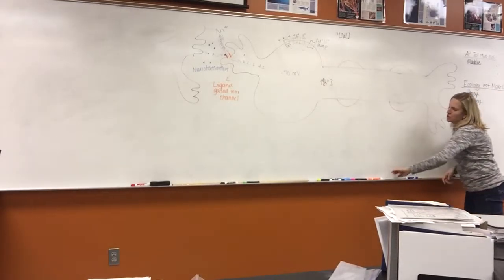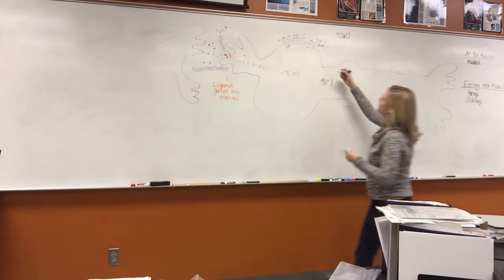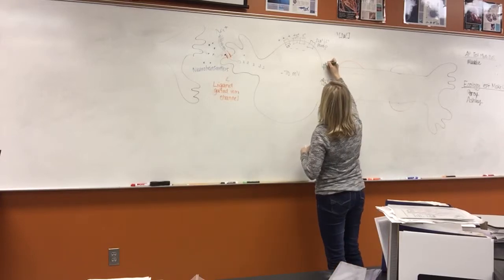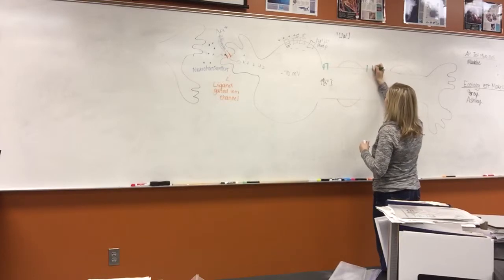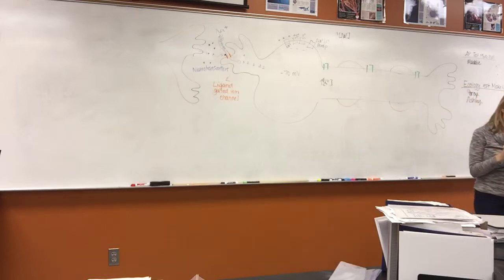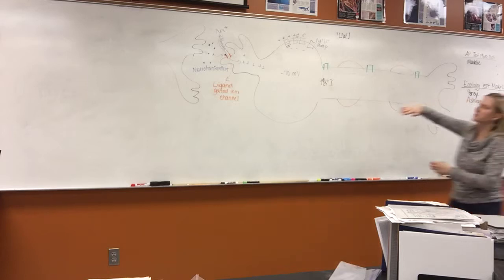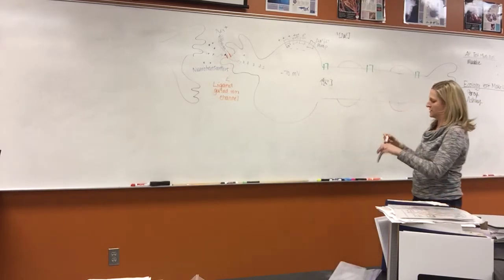Now, what's true about these different nodes is that there are two other types of gated channels there. There are sodium and potassium gated channels, but they're a little bit different. Let me just draw them in here. I'm going to draw sodium in green, and they're gated, so I'm going to draw the little gates here. At each node, I'm only going to draw one sodium, but there are more than one, and it's around. You have to imagine that this is a cylinder, so it would be down here as well, and so forth.